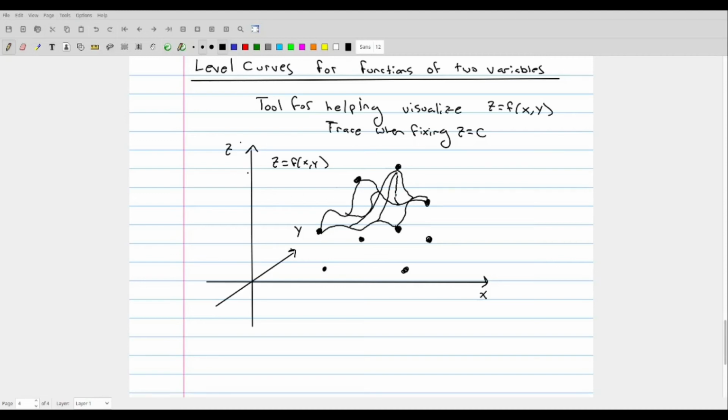So the idea is that the level curve generated by fixing the z coordinate at some z value is the curve that we get from the intersection of this surface with a fixed z value.